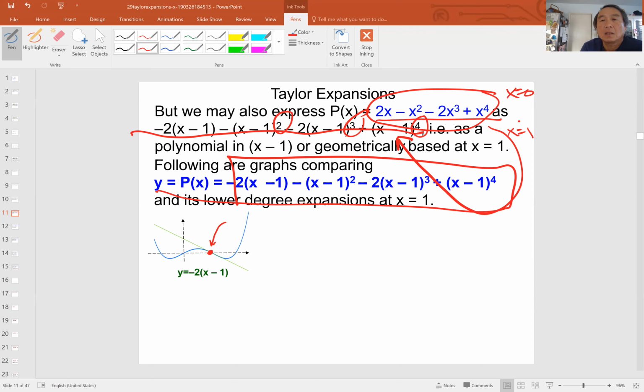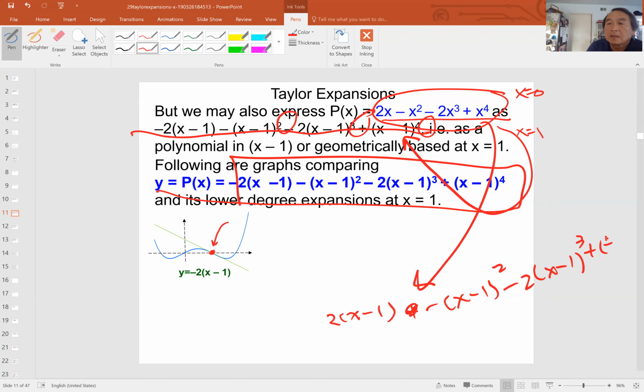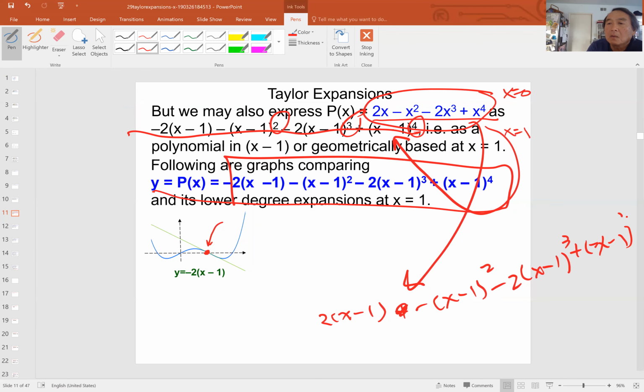Don't get these two mixed up, because this is not a formula where I plug in x minus 1. If you remember shifting graphs, if I were to plug in x minus 1, I would get a formula that shifts the entire graph to the right by 1, and that would be a totally different graph.